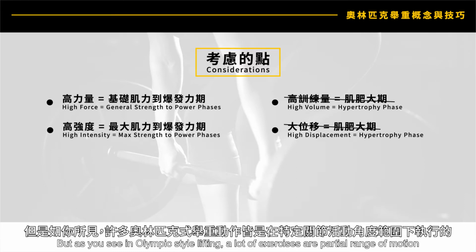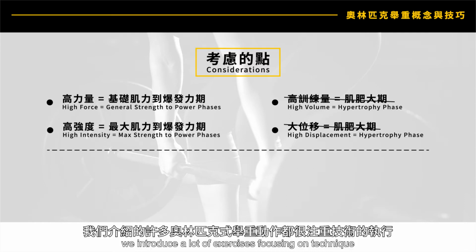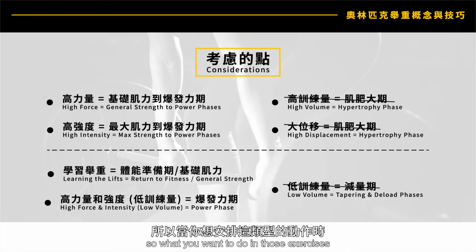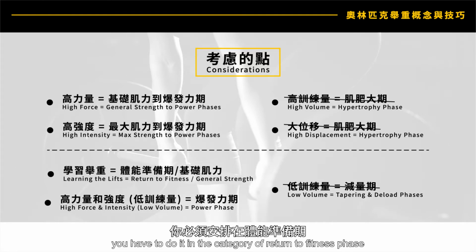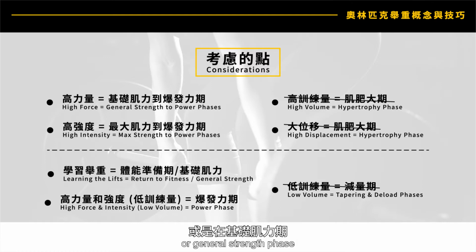But as you see in Olympic style lifting, a lot of exercises are partial range of motion, so it's not suitable for the hypertrophy phase. We also introduce a lot of exercises focusing on technique. Those you have to do in the return to fitness phase, where you try to learn new exercises, or the general strength phase, where you can still learn new exercises.